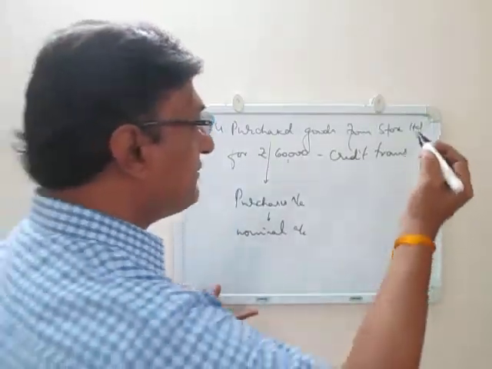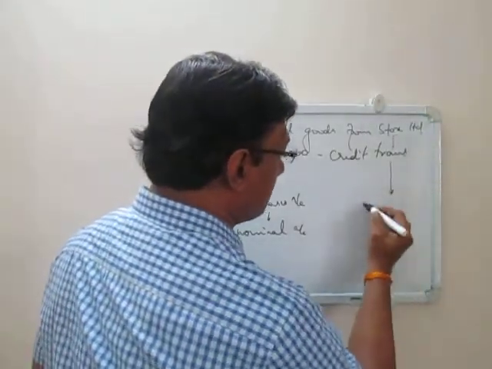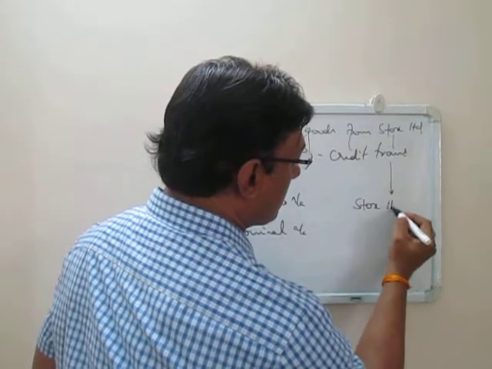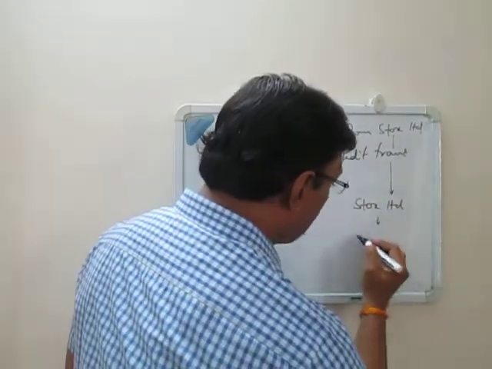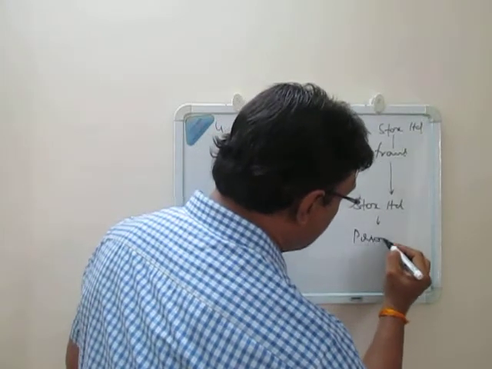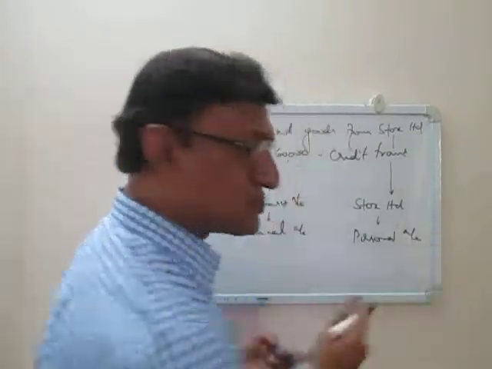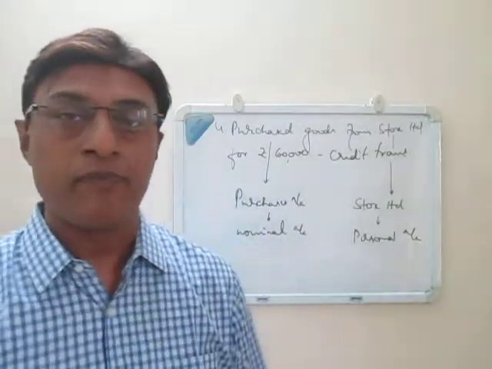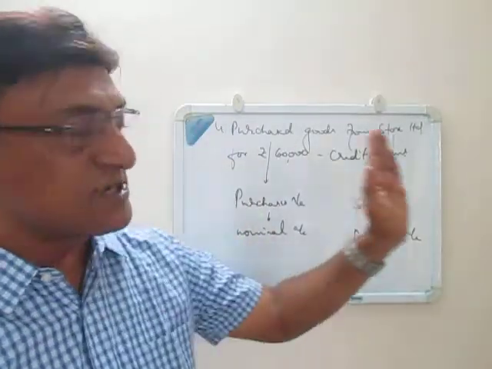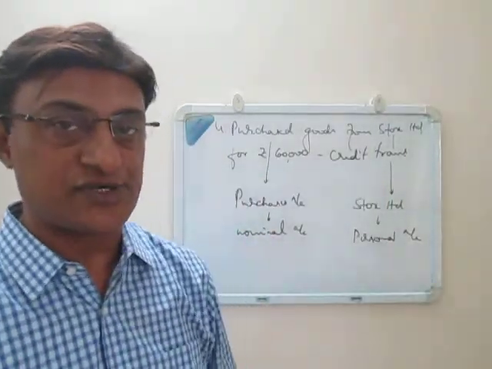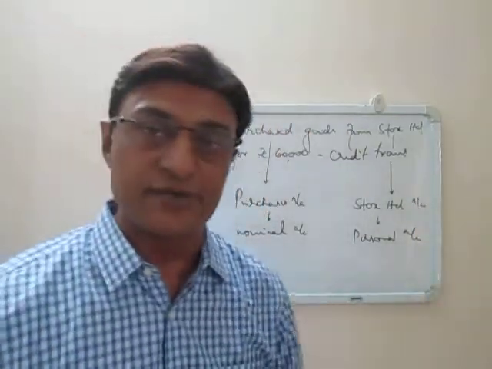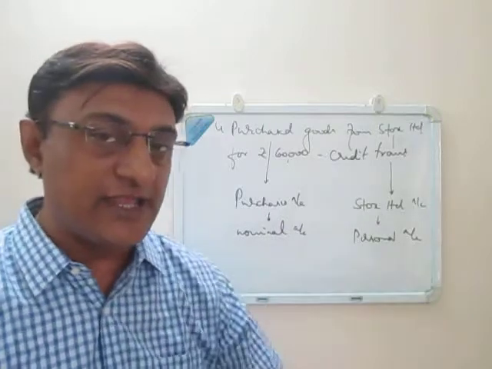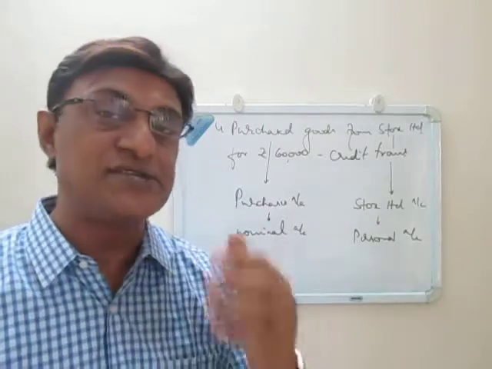The other party involved here is Stocks Limited. Stocks Limited, in the name of a party, is a personal account. So purchases account is a nominal account, and Stocks Limited account, being in the name of a person, is a personal account.